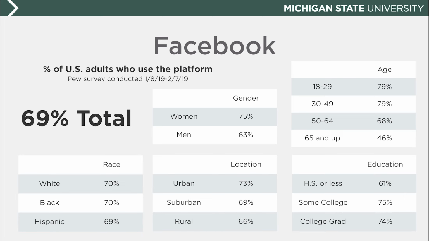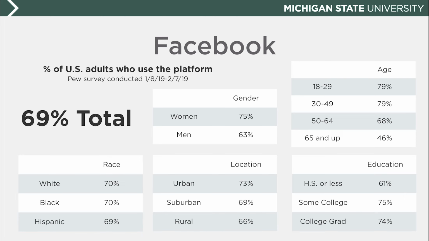So we'll start off with Facebook. I'm going to go through these in the order of the highest to lowest percentage of US adults who use the platform. So Facebook has the majority, 69% of US adults are using the platform. And you can see the breakdown here.